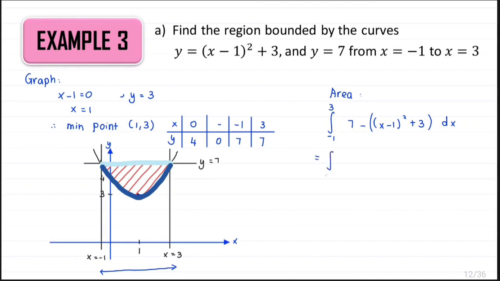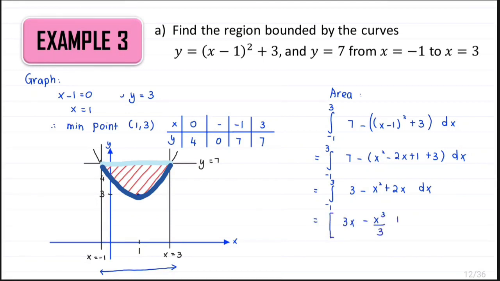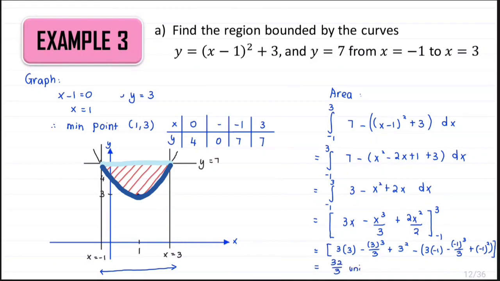Then we simplify, -1 until 3, 7 minus, we expand, x squared minus 2x plus 1 plus 3. Then we simplify again. We get 3 minus x squared plus 2x dx. We integrate. We get 3x minus x cubed over 3 plus 2x squared over 2, -1 until 3. We substitute the values -1 and 3. Then we calculate. We get answer 32 over 3 unit square.